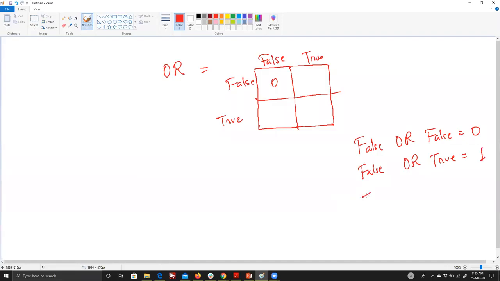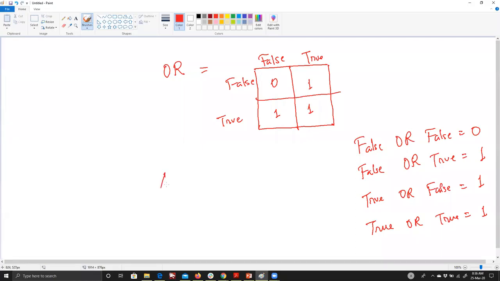True or false: the output is 1. True or true: the output is 1. This is the truth table of or.